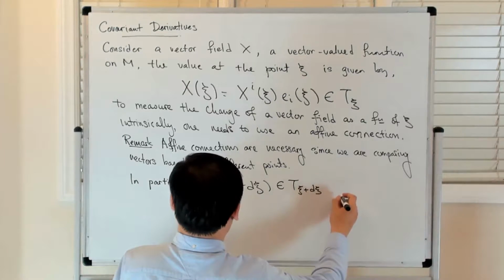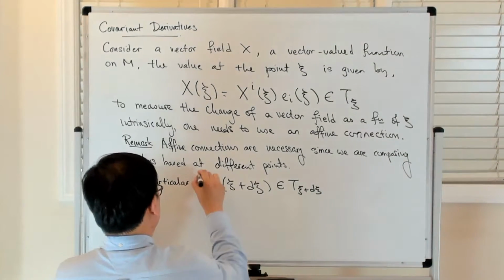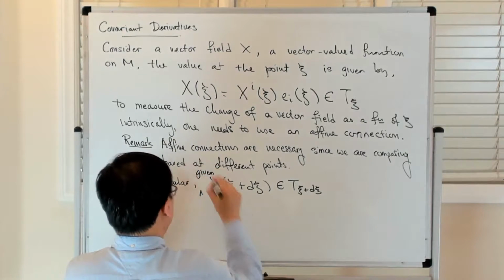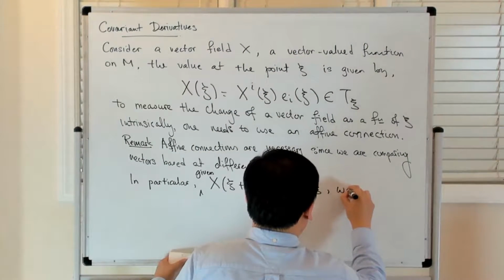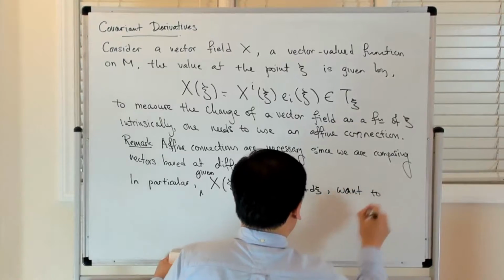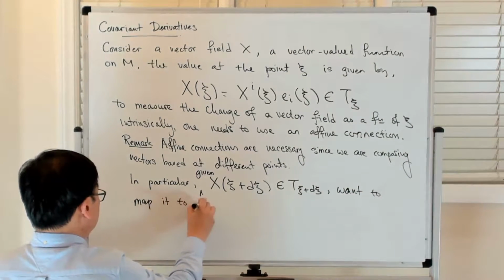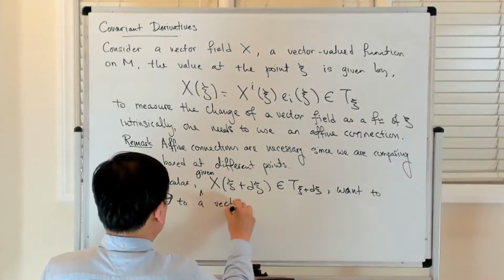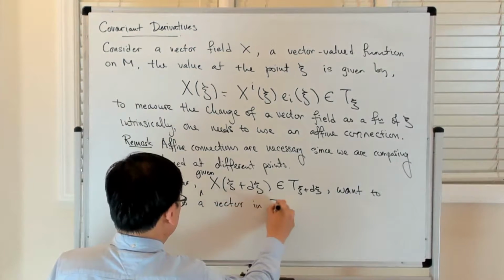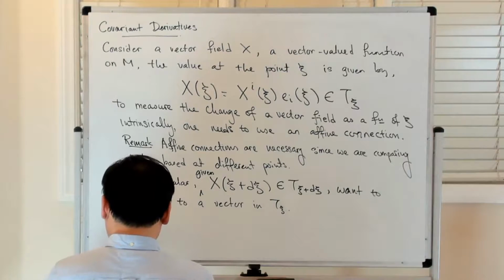Okay, so given this, I want to map it to a vector in the tangent space at c.